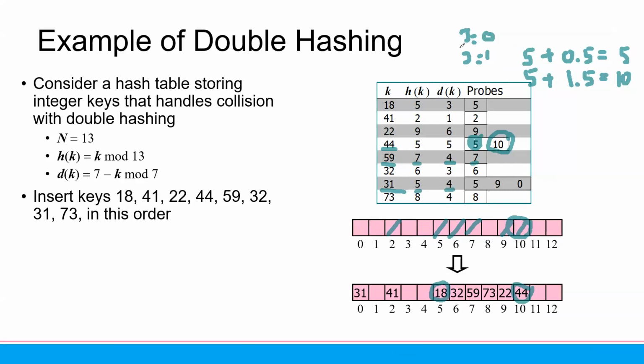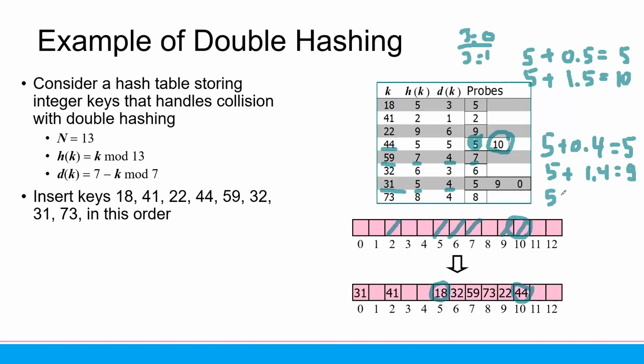When j equals 0, 5 plus 0 multiplied by d(k), which is 4, is still 5. 5 is still not empty, so we cannot use 5. Then we go to the next j, which is 1. 5 plus 1 multiplied by 4 gives 9. Oh, it is not empty.